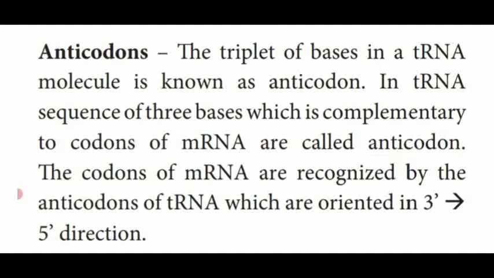So this tRNA anticodon sequence of 3 bases, that means nitrogenous bases, is complementary paired with the mRNA sequences or codons. That is known as anticodon. So tRNA contains 3 nitrogenous bases, which are complementary with the codon of mRNA, called anticodon.